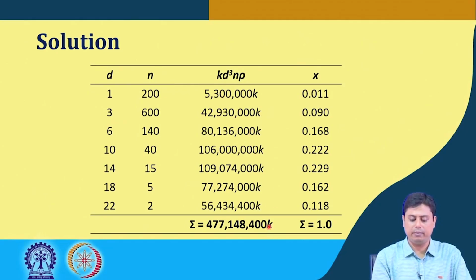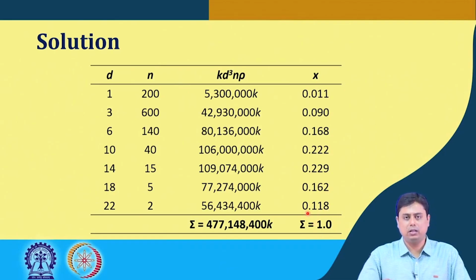This value divided by the summation gives us 0.229, this value divided by this gives this value, and we will see that the total x is conserved to be 1. This is the total mass fraction of the sample, which has to be 1, the summation of all mass fractions of all the individual particle size components.